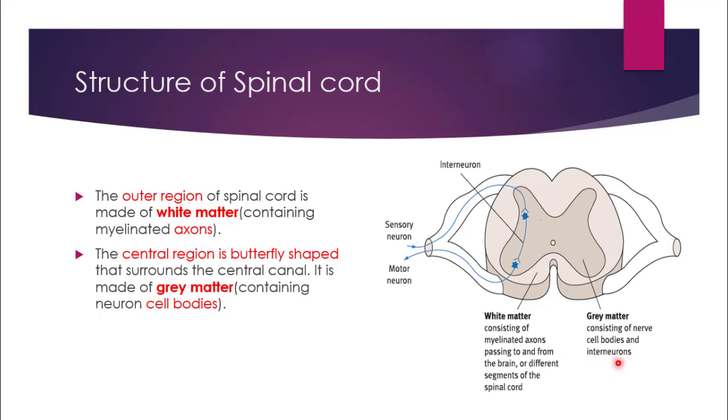The cell bodies and interneuron are also very important because the nucleus and the cytoplasm of a neuron is located in its cell bodies. So this is an overall structure of spinal cord that consists of white matter with myelinated axons and the gray matter with neuron cell bodies.